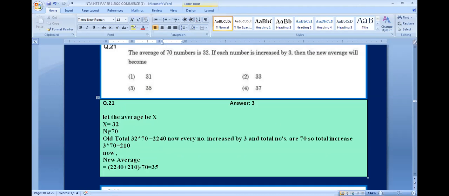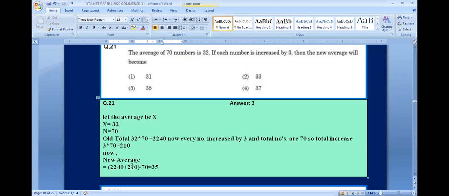Average is 32, total numbers 70, okay? Old total is 32 into 70, that is number into average equals total, correct? That's the formula. Now every number is increased by 3, the total numbers are 70, so total increases by 70 into 3, 210, okay?